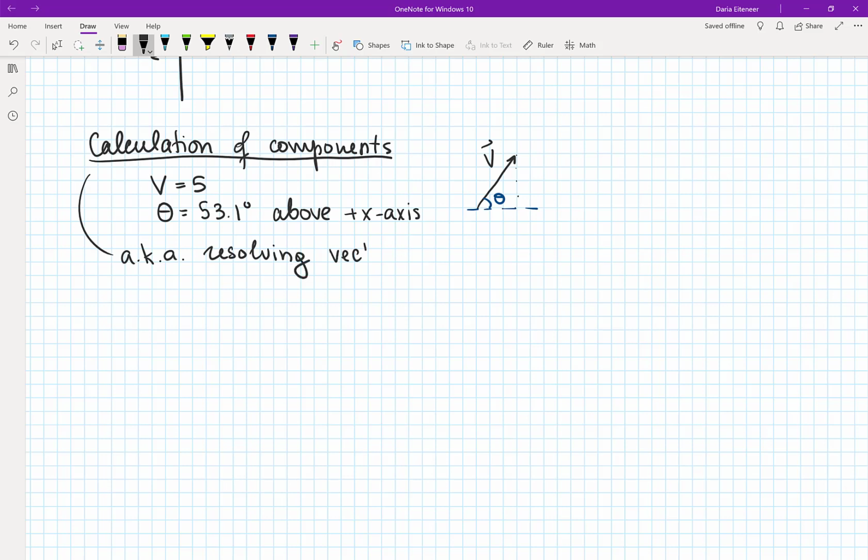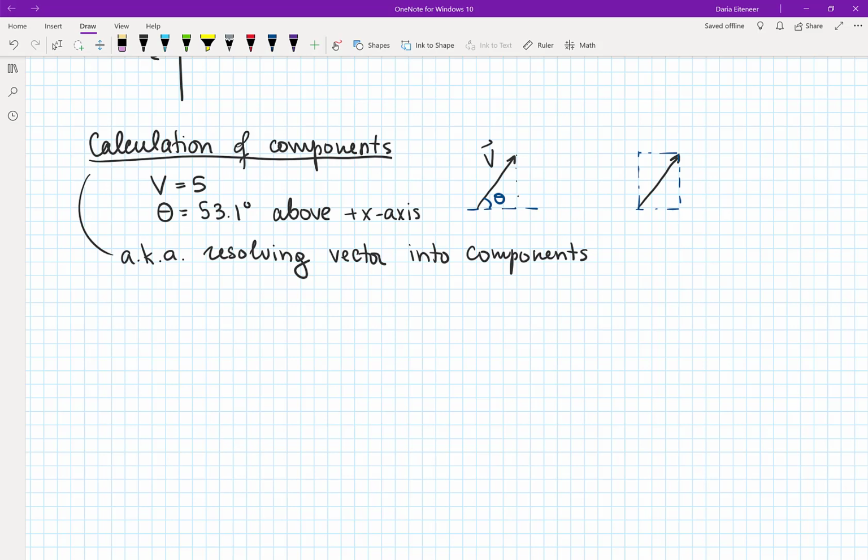This is called calculation of components, or resolving a vector into components. I can do this graphically. So here is my vector v. The way that I do it graphically is I draw a rectangle around this vector, where the vector itself is the diagonal of that rectangle.